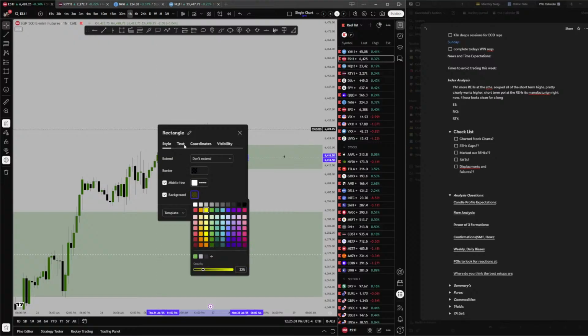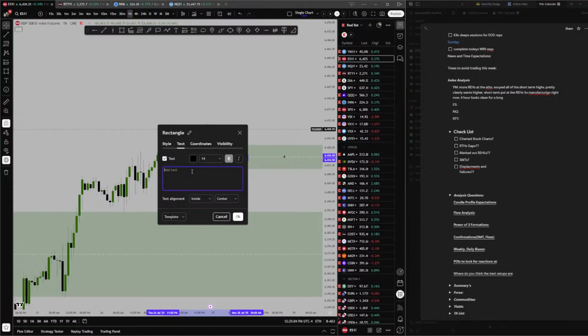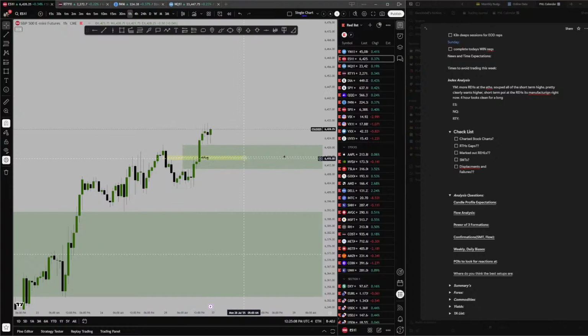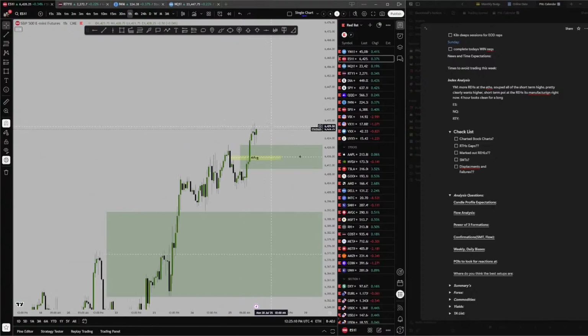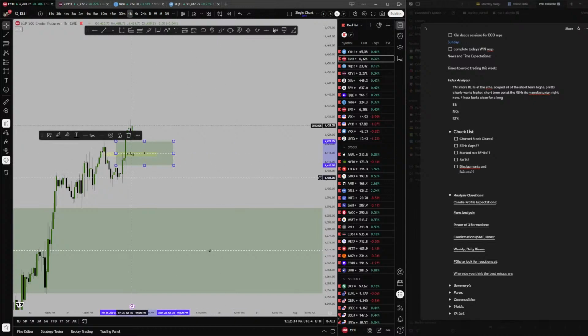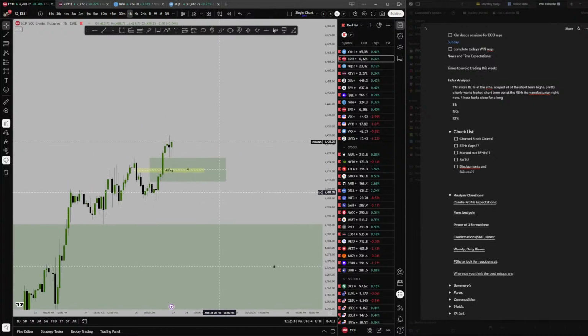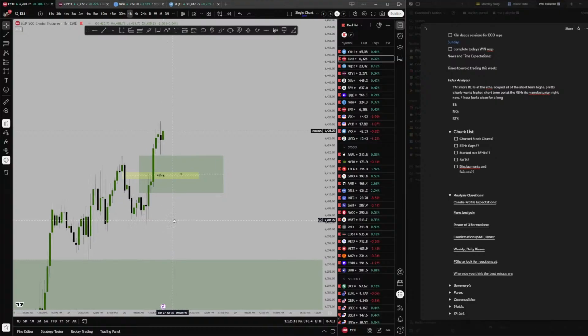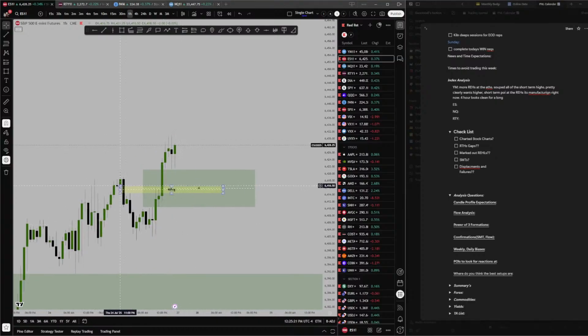This will be a 4 hour. Smooth lows. Inversion liquidity here.